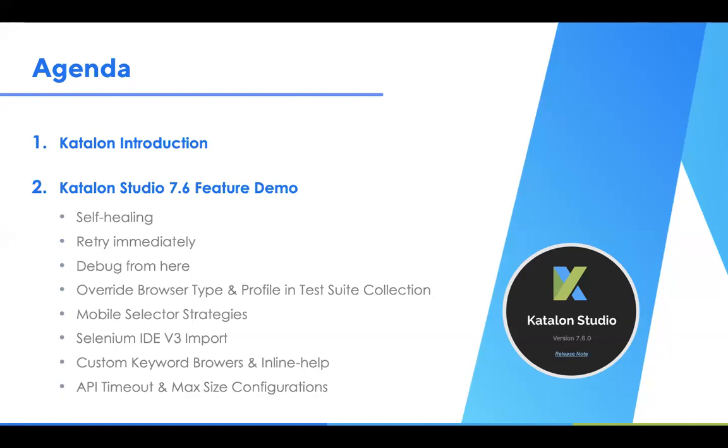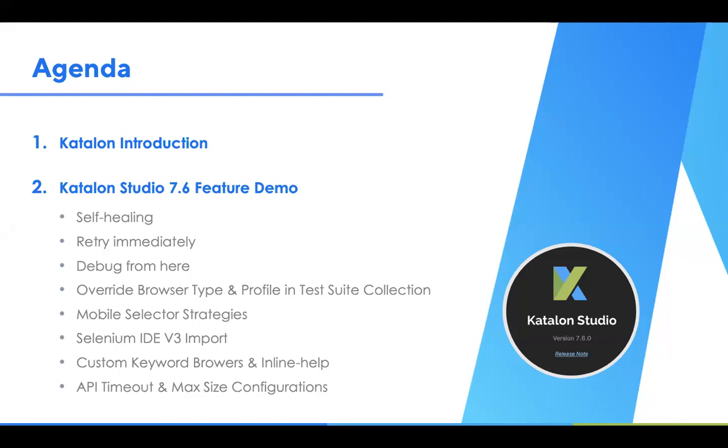And we have the new improvement for the retry mechanism and also the capability for you to debug from a specific point. And we also have new features that allow users to override the browser type or the profile, the test suite collection.